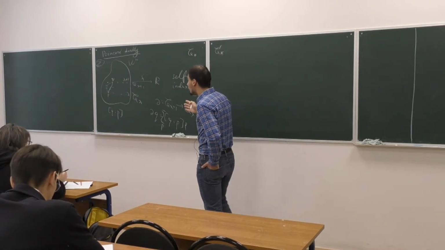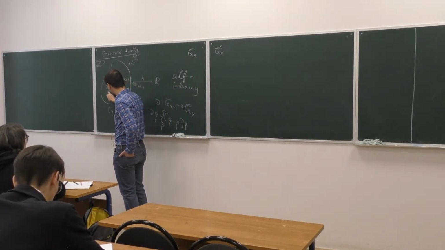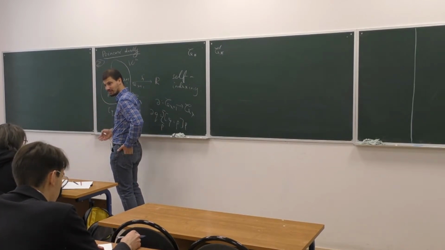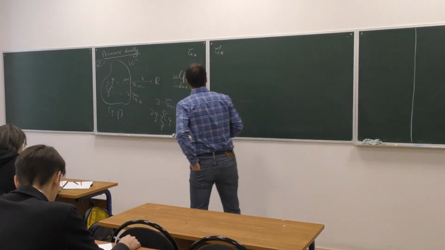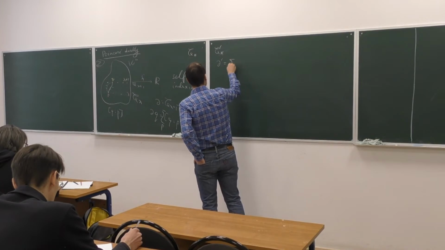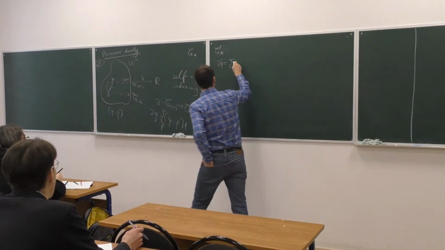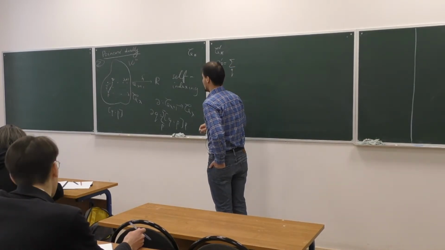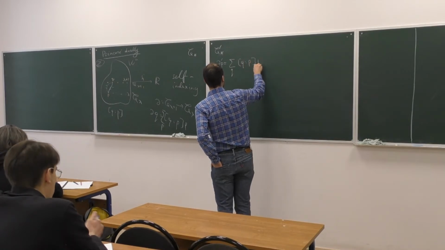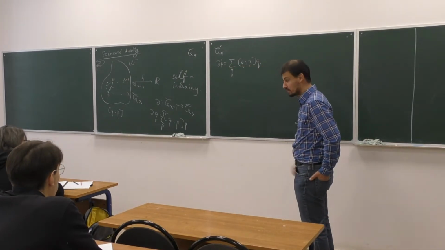Look, we count the same trajectories, but now they are trajectories from P to Q, not from Q to P. But we count them, and so d prime of P is now the sum over Q of the same incidence coefficients times Q. What does it mean?